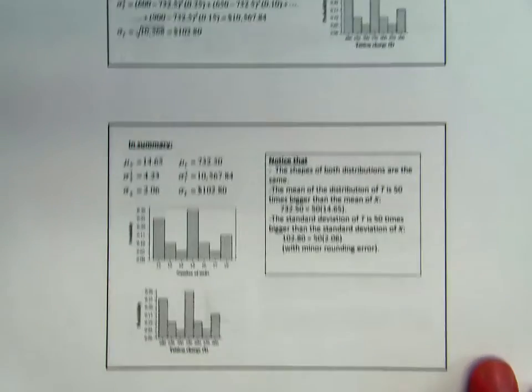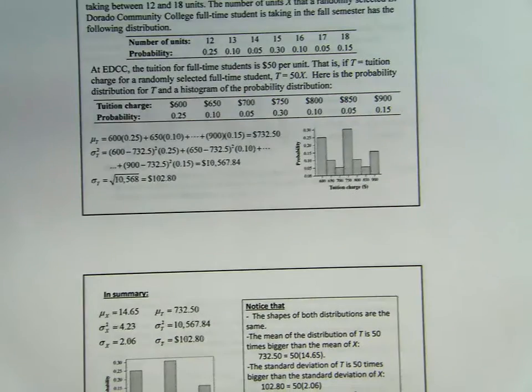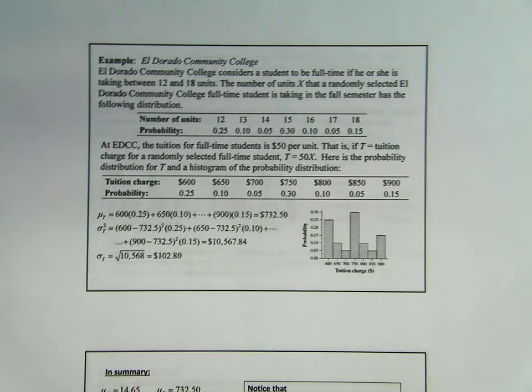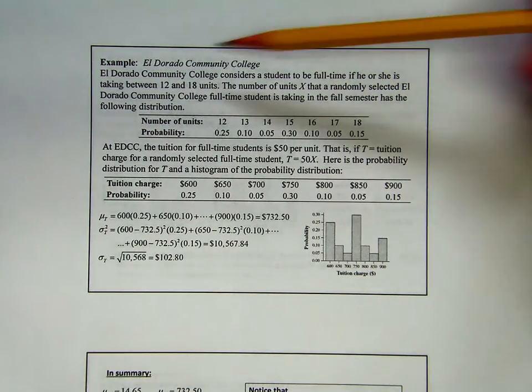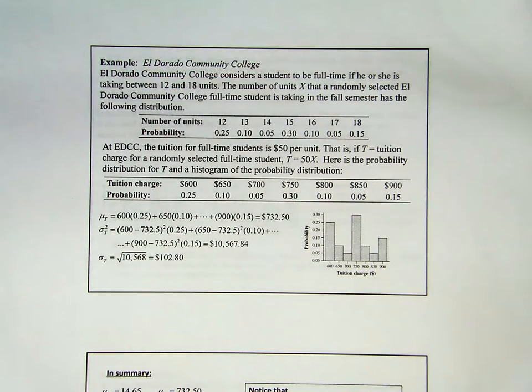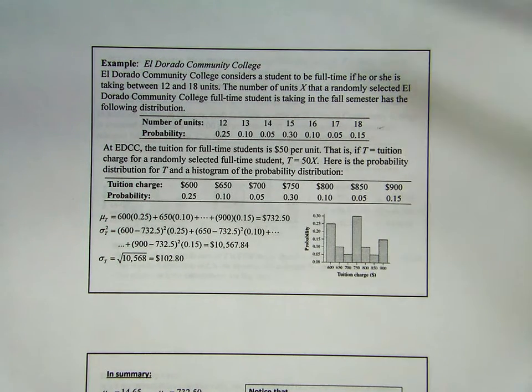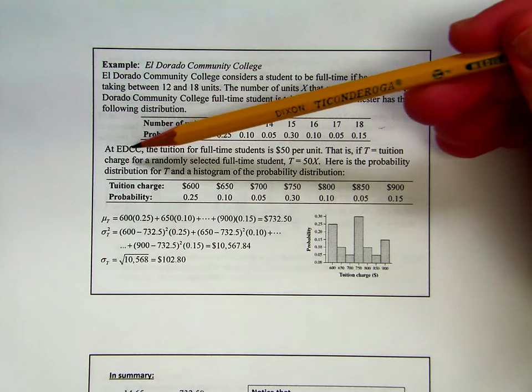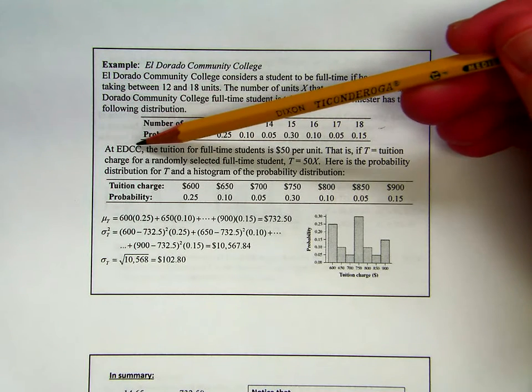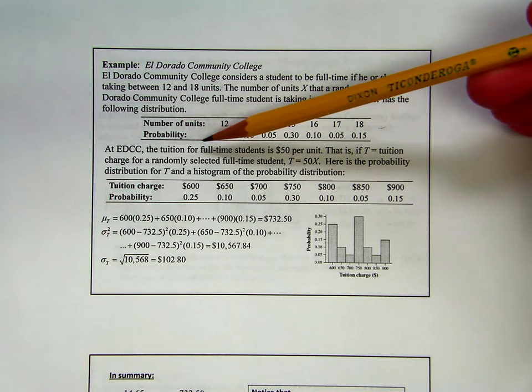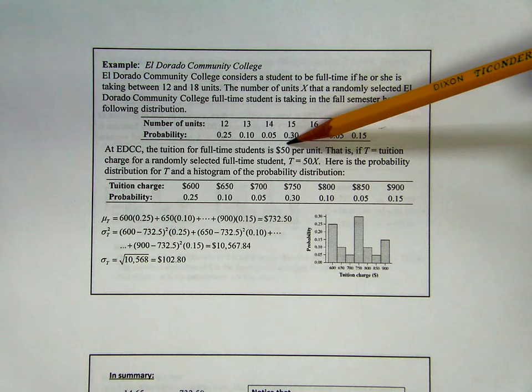All right, so here's a transformation that could happen with this data. This is the same background information about El Dorado Community College. It's the same table. Now, the transformation. At EDCC, El Dorado Community College, the tuition for full-time students is $50 per unit.